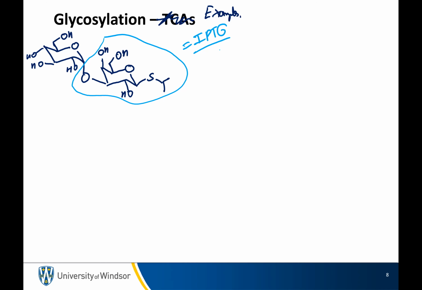Very, very common, probably the most common activator to turn on gene expression in bacteria. Because you can clone in whatever gene you want behind the lac operon, and then when you add in IPTG, it activates it by removing the thing that's blocking it from being expressed. Anyways, it's easy enough to make, but if you buy it, like most molecular biologists have to, it's very, very, very expensive. Anyways, just a sidebar. So we have this molecule.